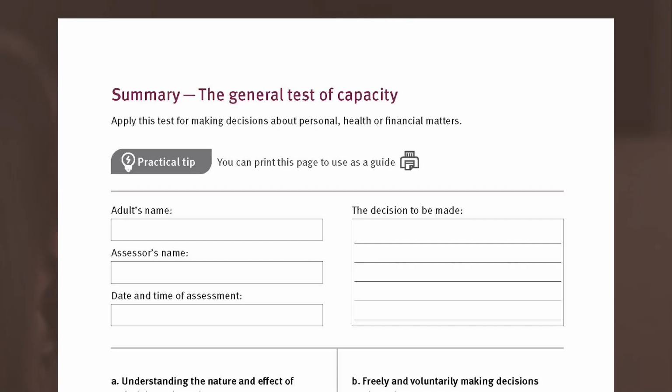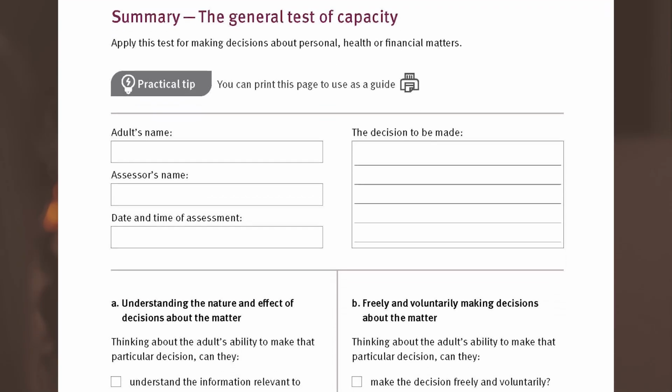So the summary, the general test of capacity, and what's really important is there's a clarifying question that's asked: what is the decision to be made? So what's the immediate need? What is in front of this person, be it in their health world, their social world, their care needs world, or financial world, or combination of all of the above. What's the decision or decisions to be made?